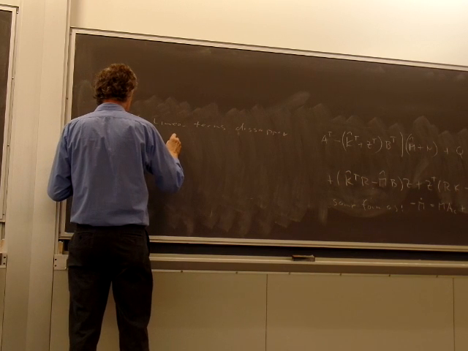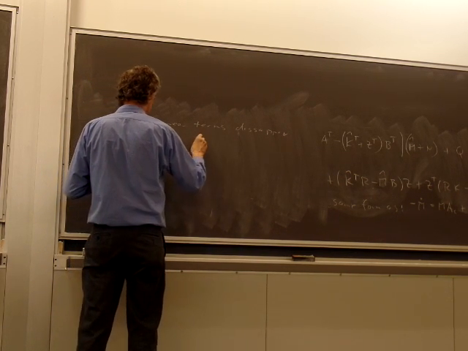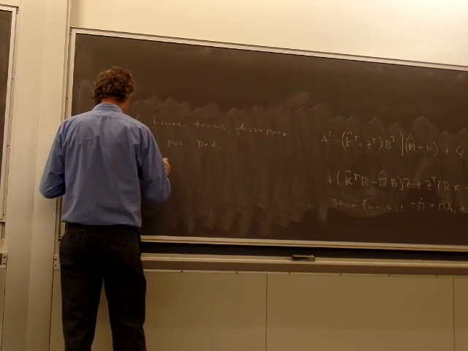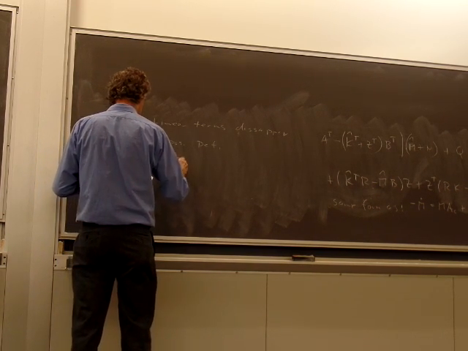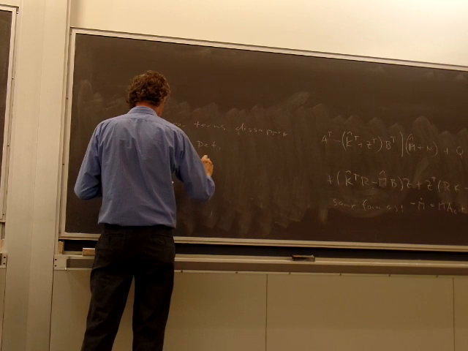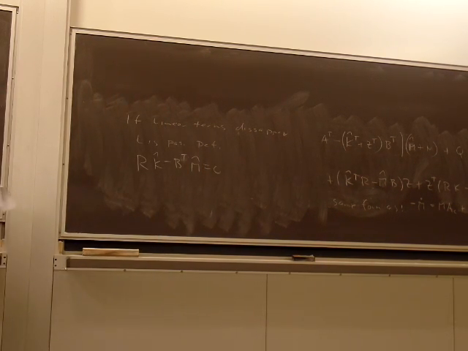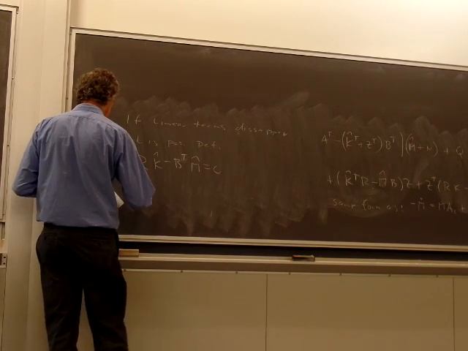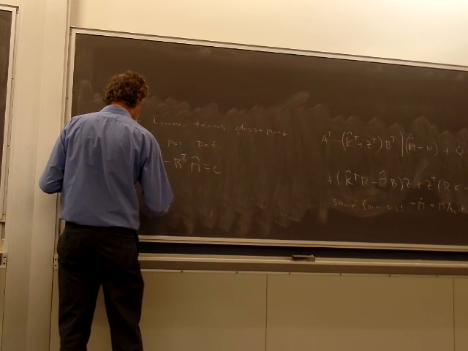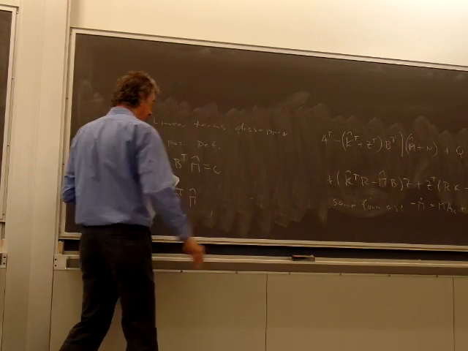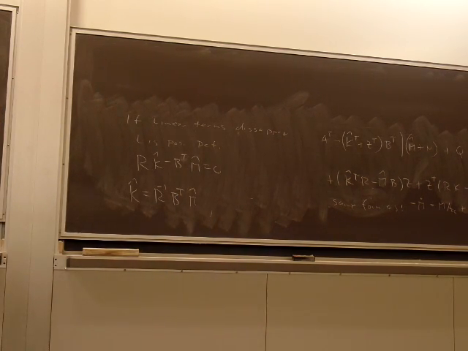L is positive definite. We end up with the following. What this says is our optimal gains, K, are R inverse B transpose and this solution for M. So we have to solve for that.